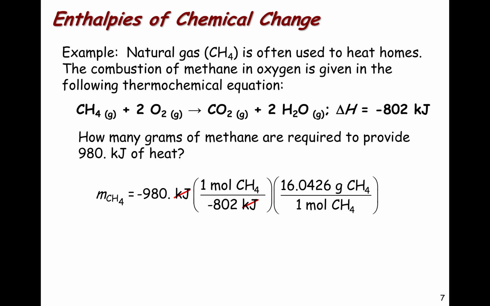We then can use our molar mass of the methane to go from moles to grams, canceling the moles. And at this stage, if we did the math, we could end up with the number of grams of methane required to answer this question. So put that in your calculator, you get 19.60, rounding to the appropriate 3 significant digits.